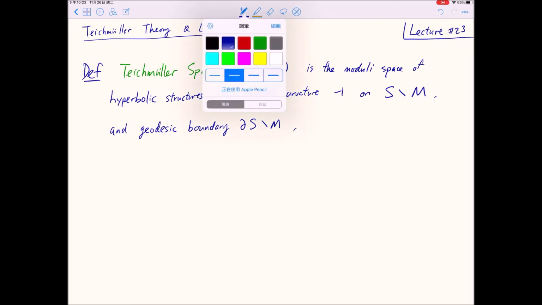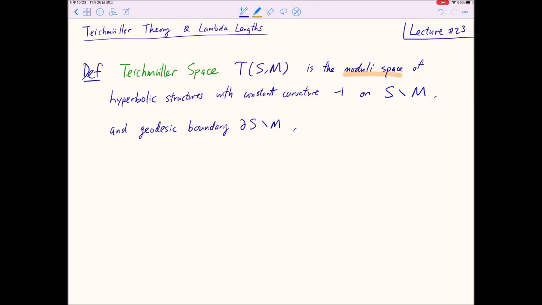And this is the moduli space. So we want to identify two such hyperbolic structures if they are related by diffeomorphisms of the surface fixing the marked points that are homotopic to the identity.